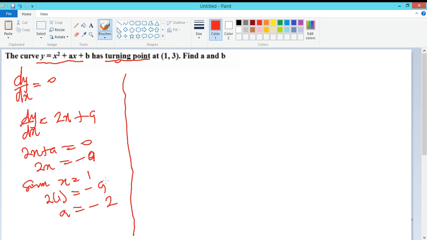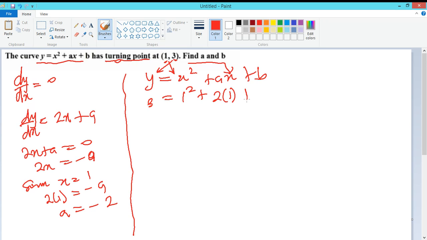But initially, when you have your x value, what do you do? You slot it into the original equation to get a y value. But now we have both x and y. So we slot everything in. The original equation is y is equal to x squared plus ax plus b. Y is 3. Then x will be slotted in, so 1 squared plus a times 1 plus b, where a is negative 2.